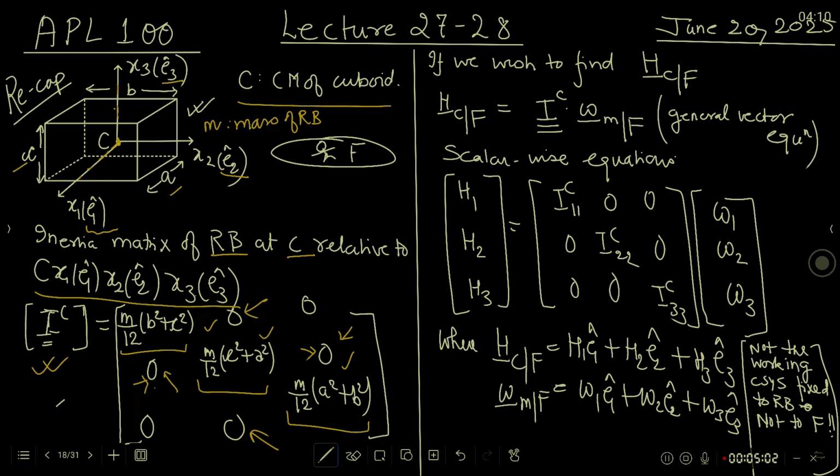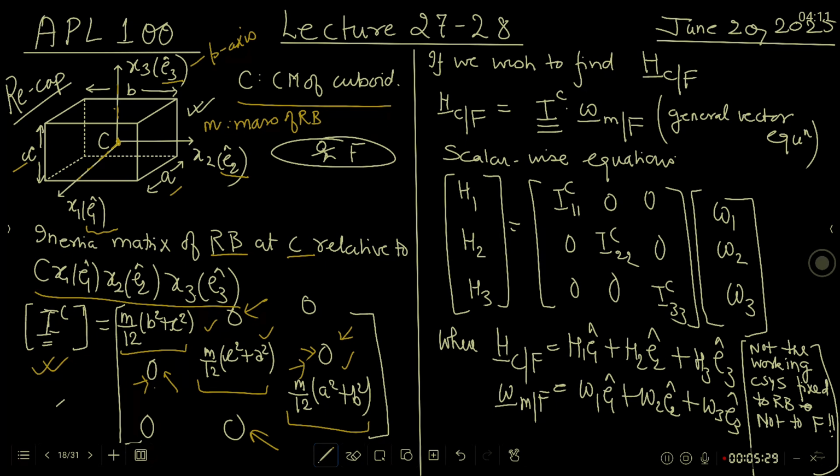Further, I realized that the x1 E1 and x2 E2 plane is also a plane of symmetry, and that is why x3 E3 will also be a principal axis. And thus IC23 and IC13 must also be 0. IC23 is already 0; we have already put that as 0 on the matrix.